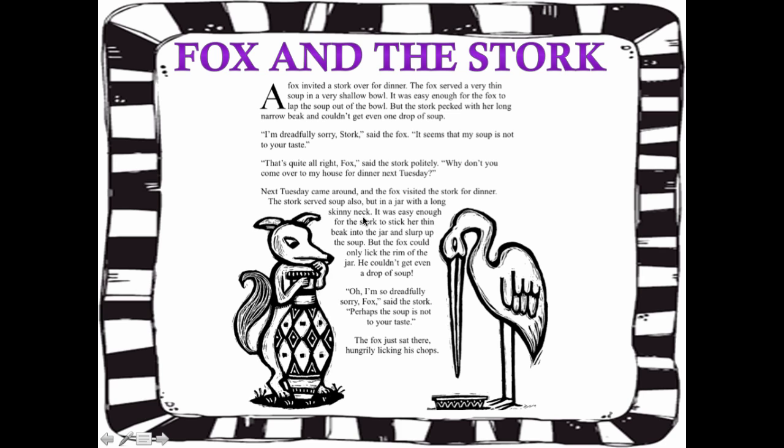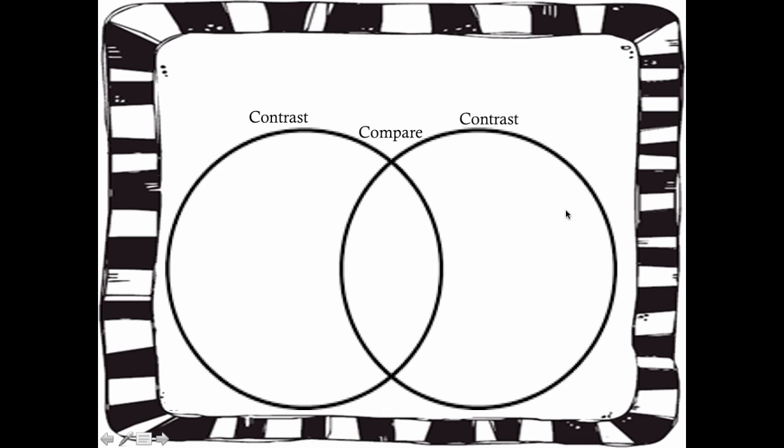It was easy enough for the stork to stick her thin beak into the jar and slurp up the soup, but the fox could only lick the rim of the jar. He couldn't even get a drop of soup. "Oh, I'm so dreadfully sorry, Fox," said the stork. "Perhaps the soup is not to your taste." The fox just sat there, hungrily licking his chops.